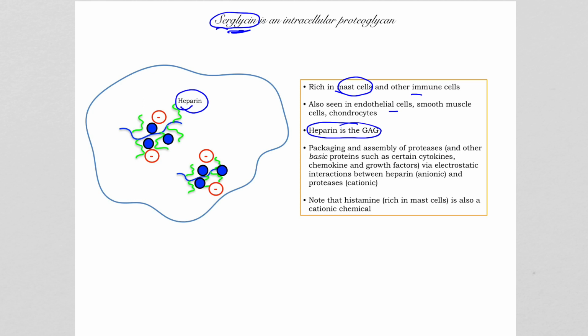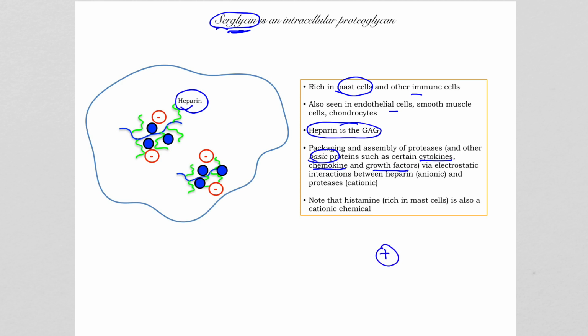And the mast cells have a lot of signal proteins, such as cytokines, chemokines, and growth factors. Once again, these signal proteins are basic proteins, meaning they have a net positive charge.